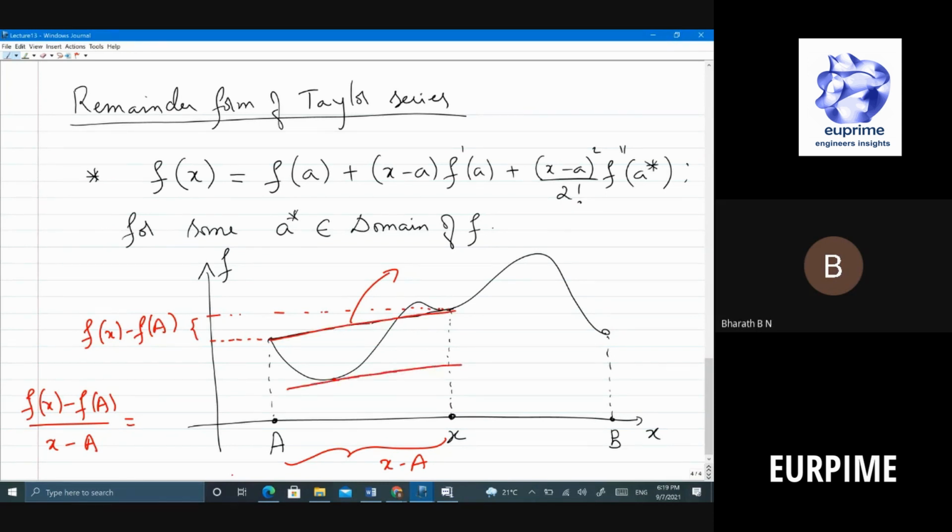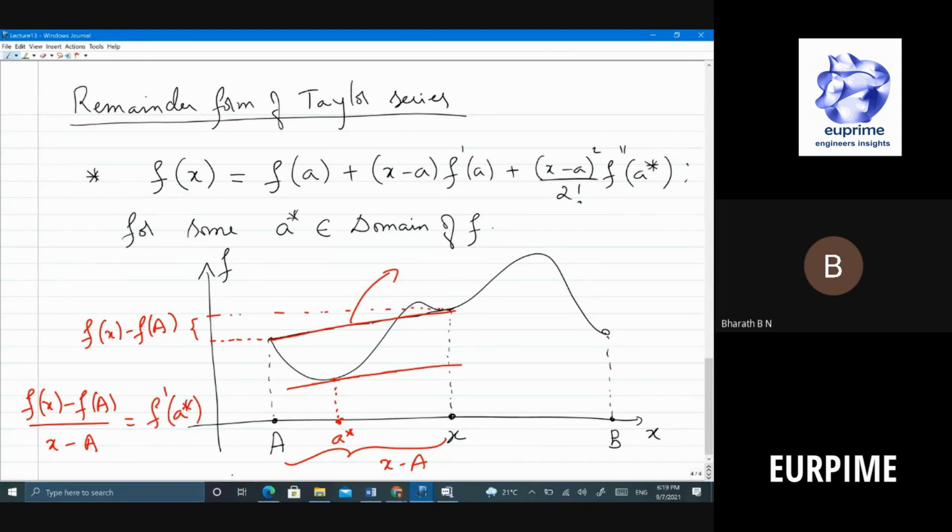Do you agree? There is a tangent. So what is this point? This point is some a star. A star is between a and b. That means it's in the domain of the function. So if you look at the gradient at that point, that is f dash of a star, then I can write this as f of x minus f of a divided by x minus a.